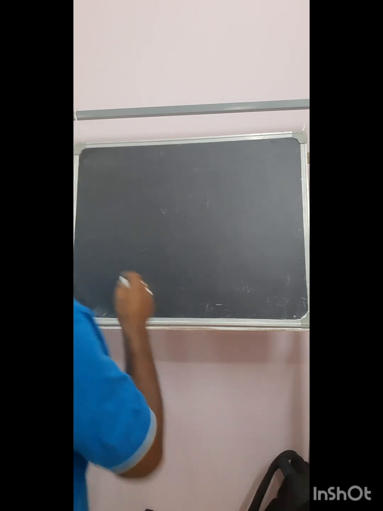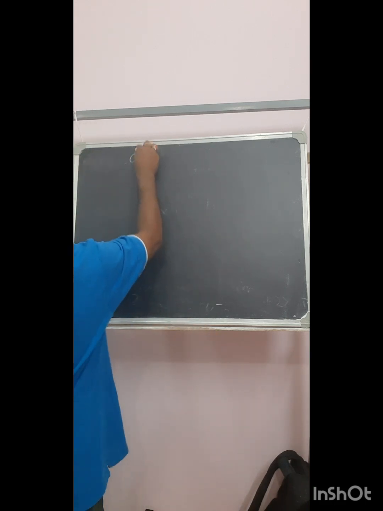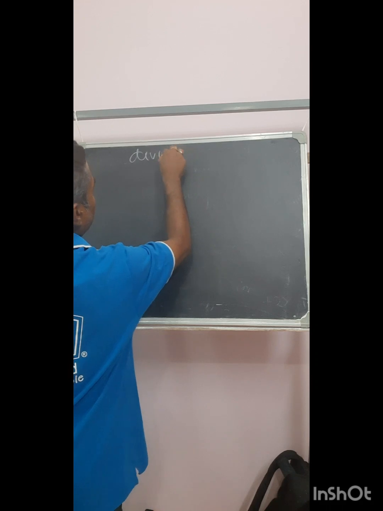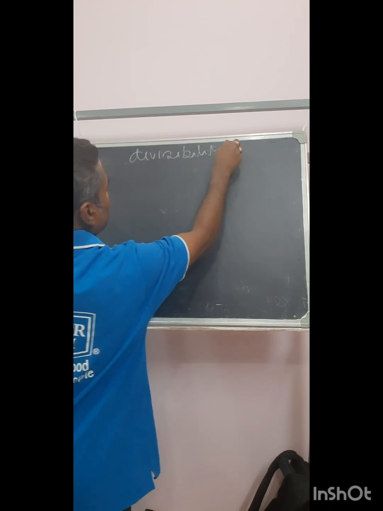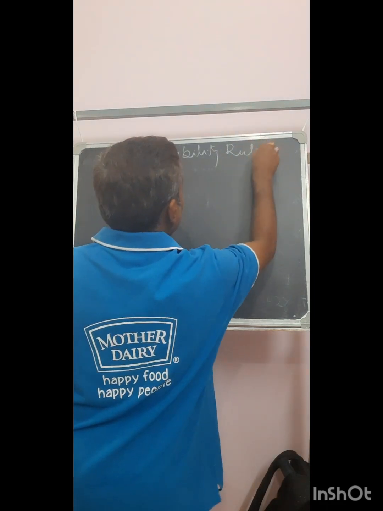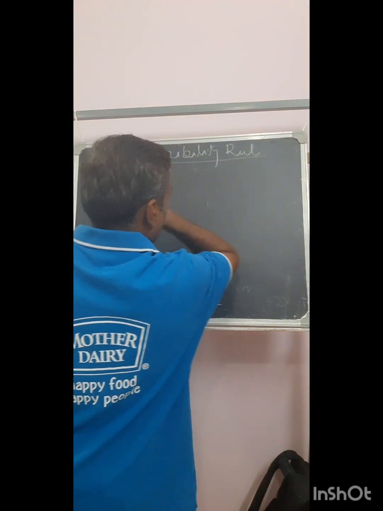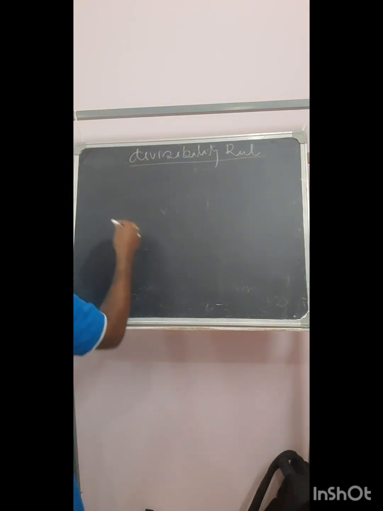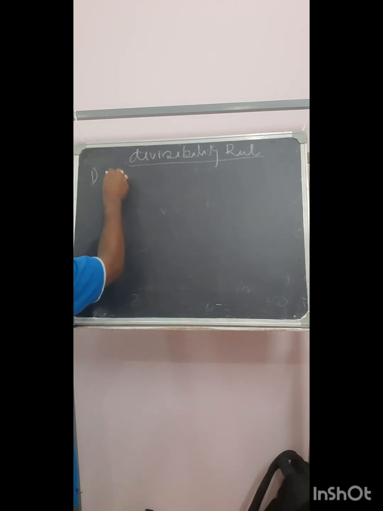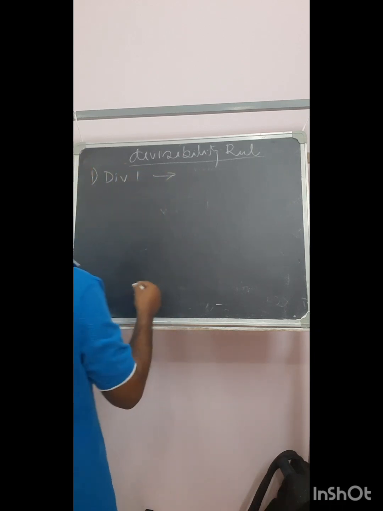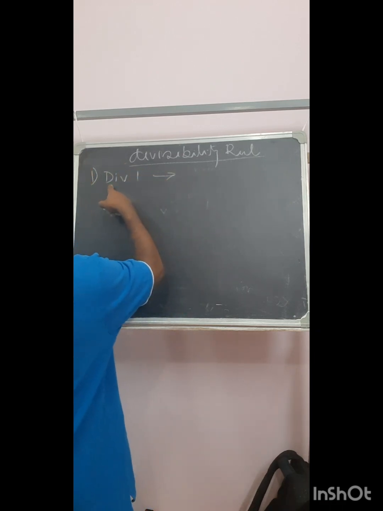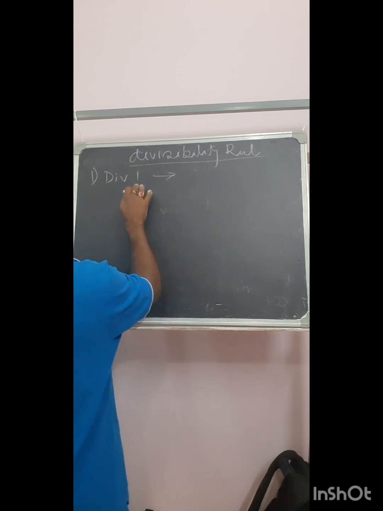Then specifically I will describe some of the divisibility rules. So one by one I will bring you the divisibility rules. Divisibility rule for 1. That means which numbers are divisible by 1.